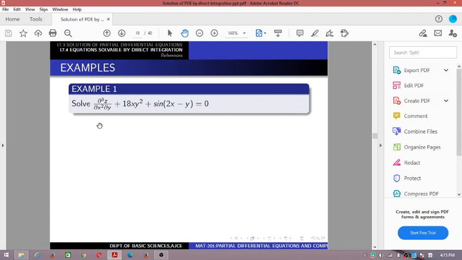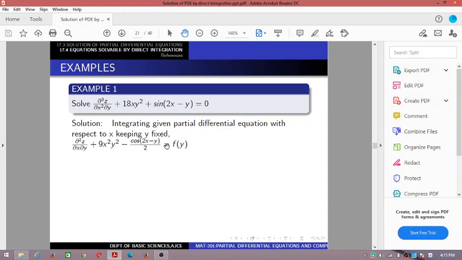Consider the problem. Solve ∂³z/∂x²∂y + 18xy² + sin(2x − y) = 0. We are integrating the given expression partially with respect to x, hence keeping y fixed.